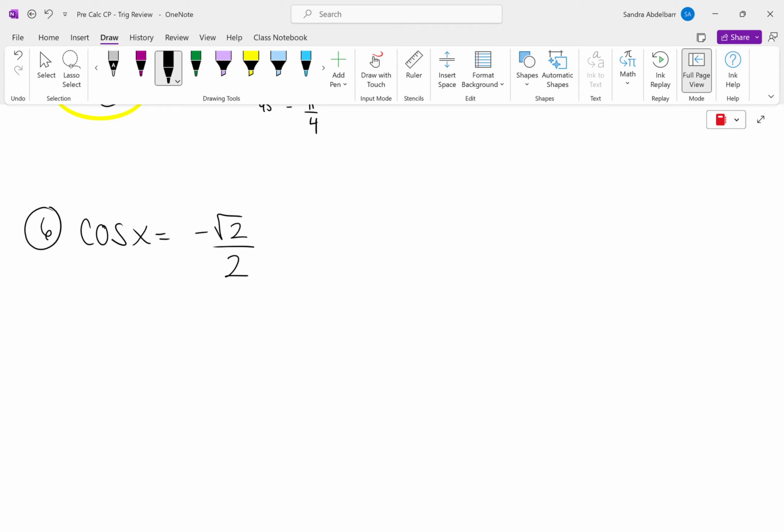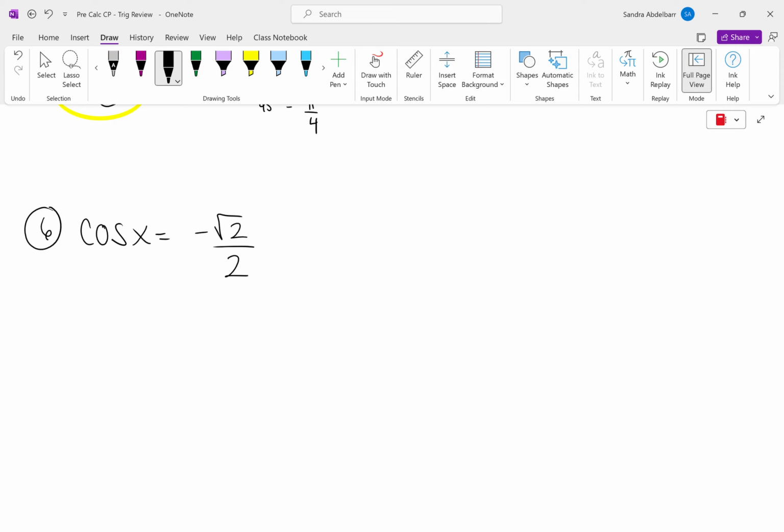And then it'd be pi plus pi over 4. So you'd have to make a common denominator to add them. So that first pi's over 1, right? So we make a common denominator of 4. So it's top and bottom by 4.